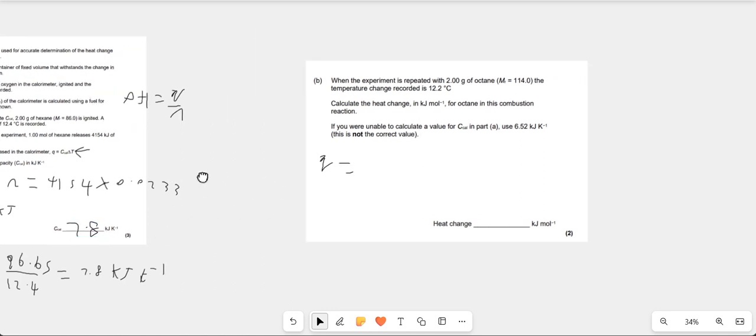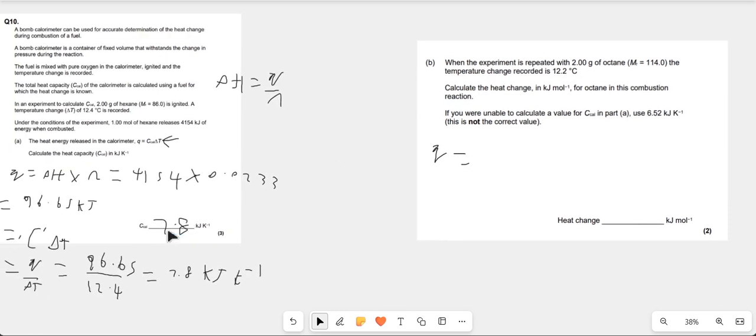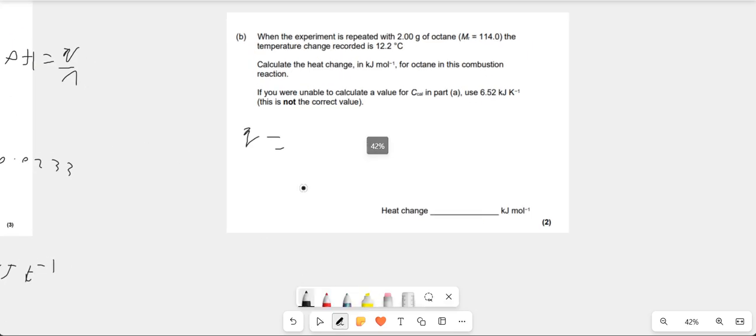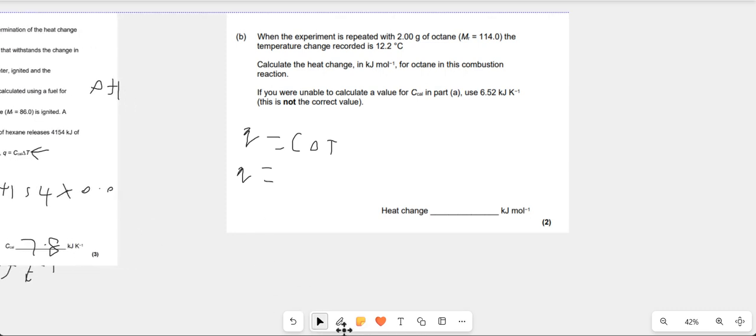So 7.8. That's why you should always read the question. It says use 7.8. It says use C cal from the previous question. So Q is equal to C cal delta T, is equal to C delta T. And I know the value from the last question was 7.8. Not Q, I mean C.